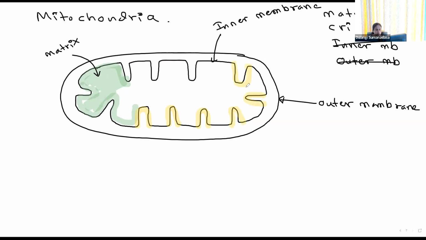So the cristae is made out of inner membrane. I'm going to just highlight one, and this is the cristae. Right, so you have to know the details of the photosynthesis, the chloroplast, and the mitochondrion, and then you have to know everything on the protein secretory pathway, the RER and stuff.